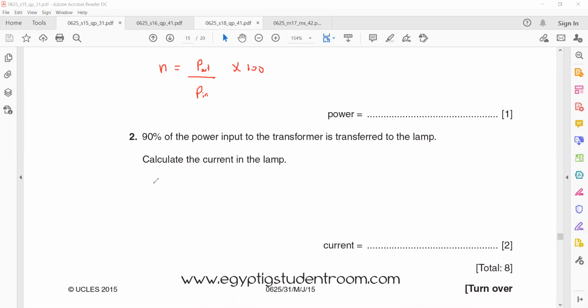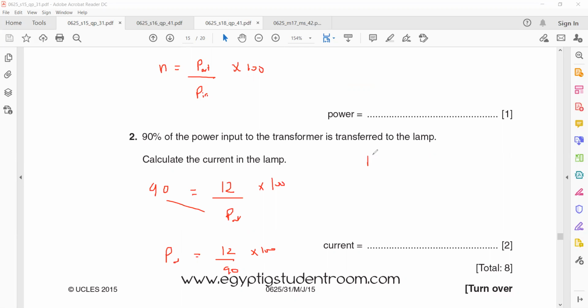This is 90% efficient. Power input is 12, power output we don't know, multiplied by 100. Cross multiply, so power output will be 12 divided by 90 multiplied by 100. What's the answer? It's 13.3 watts.